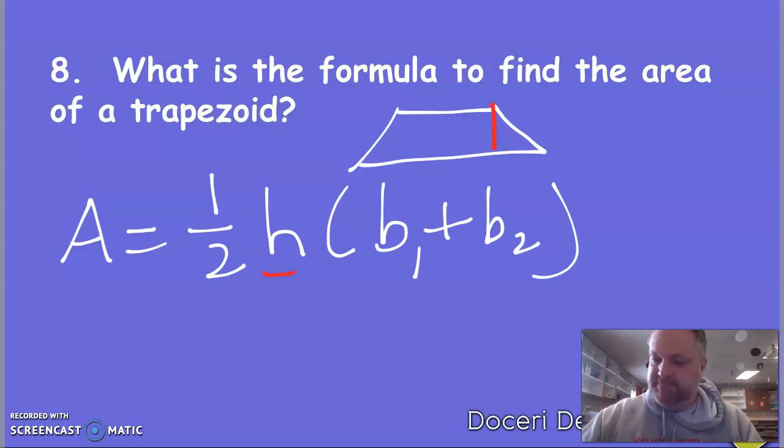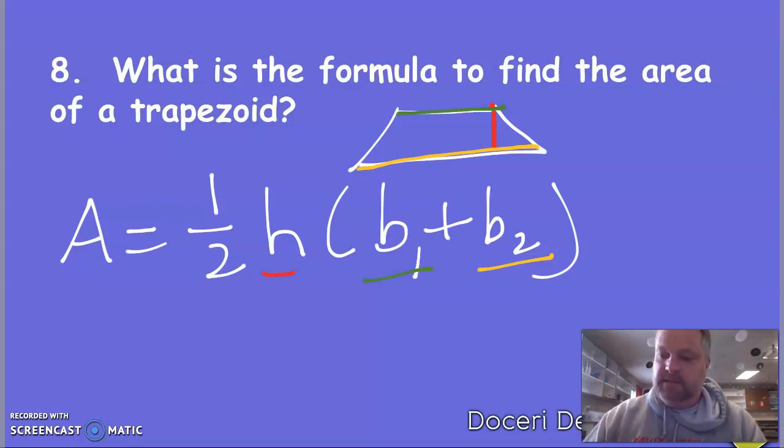So that's the height. The base 1 is your top line, and your base 2 is the bottom line. Okay, and that is the formula to find the area of a trapezoid.